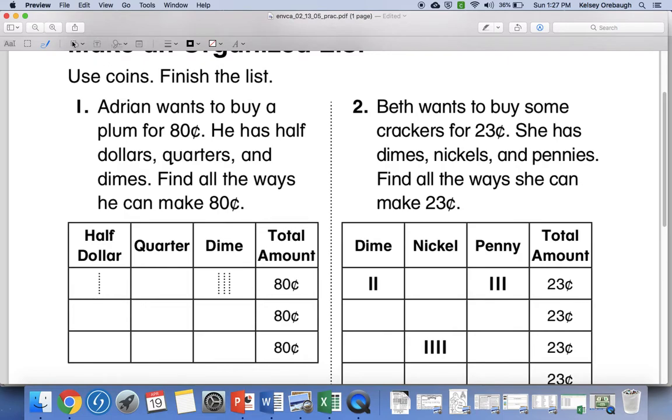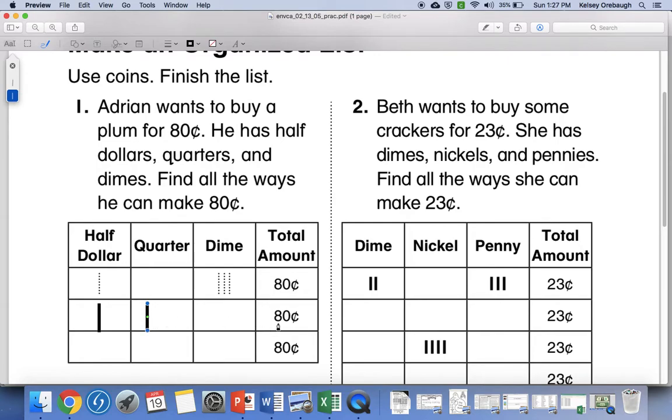If we had, and I'll draw it in right here so we can practice together, 1 half dollar, that equals 50 cents, and we used, let's try 1 quarter. Let's see how much we have so far. A half dollar is worth 50 cents. A quarter is worth 25 cents. Add that up. 50 plus 25. You can stack if that helps you. 50 plus 25 is 75 cents.